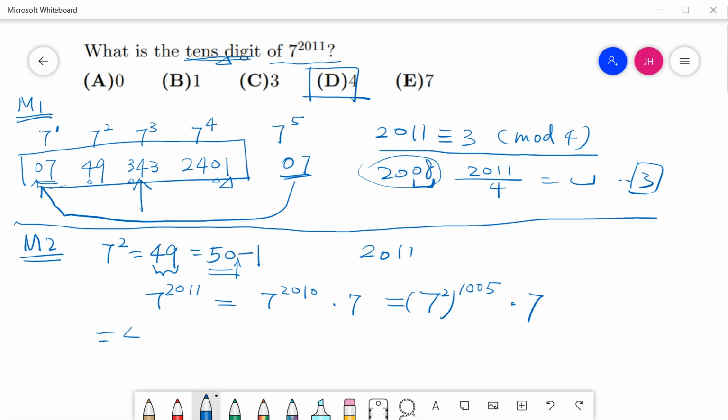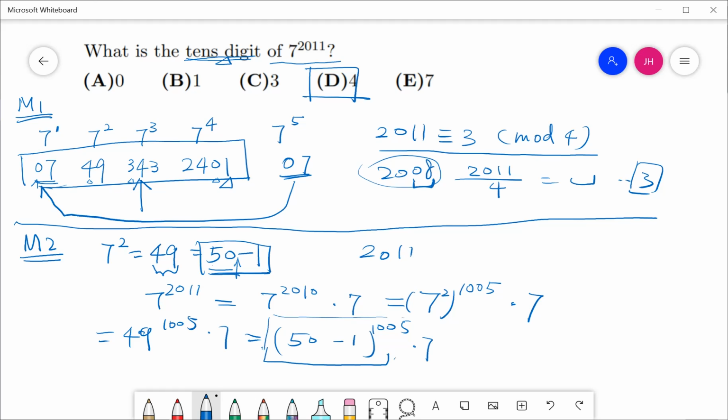Beautiful. So that's 49 to the 1005 times 7. All right, let's use this observation. So 50 minus 1 to the 1005 times 7. Beautiful. So we can do a binomial expansion on this exponential, right?